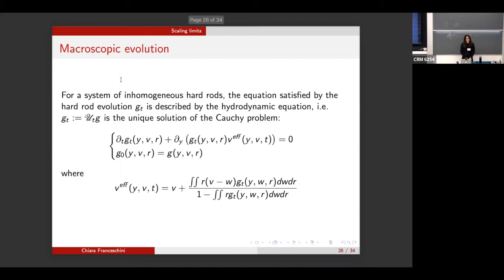Yeah, can I ask a question about this formula? My understanding then is that your particles are characterized by a velocity and a length, essentially. And when they collide, there is a shift that depends on the length. So you have a density g, a function of position, velocity, and length. But why don't you have an effective velocity that has an R parameter in it as well?